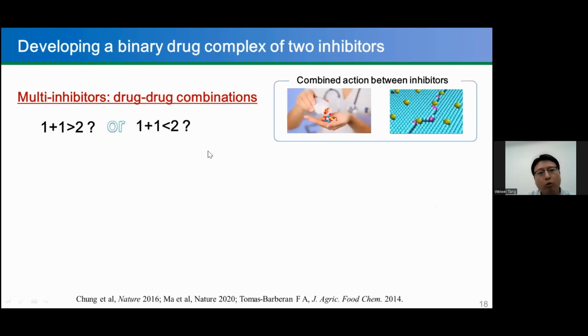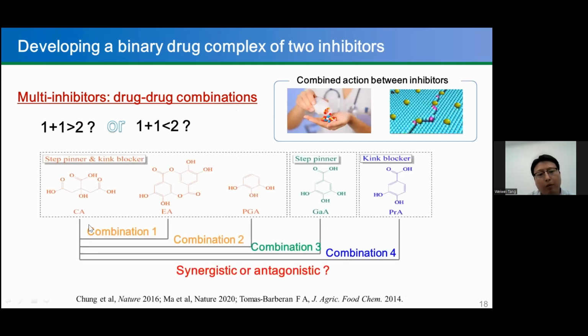Then we want to enhance or improve our inhibition performance, so we try to use inhibitor combinations. We selected 4 inhibitor combinations, which cover a stepping inhibitor with a stepping inhibitor, or a stepping inhibitor with a kink blocking inhibitor, or a stepping inhibitor with a stepping and kink blocking inhibitor.